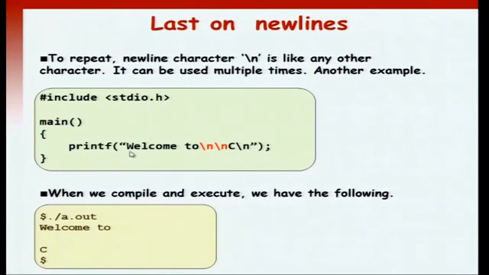What it will do is print the message welcome to, then print a new line, and then print another line, and then print C followed by a new line. So when you run the program, you will have welcome to, new line, then a blank line, then C, and then another line. So new lines are just like any other characters.